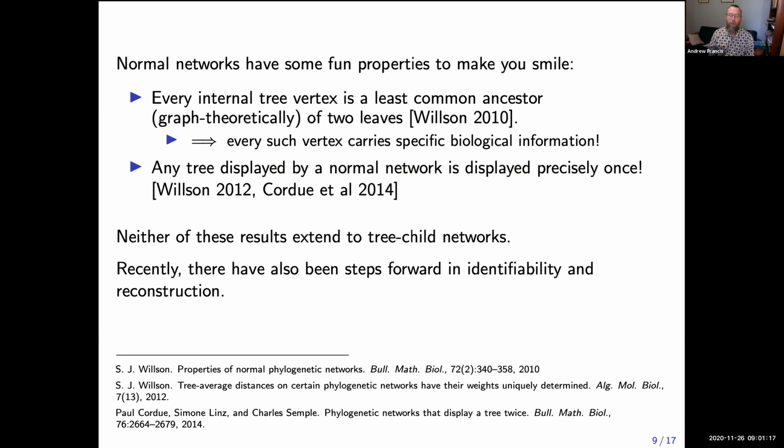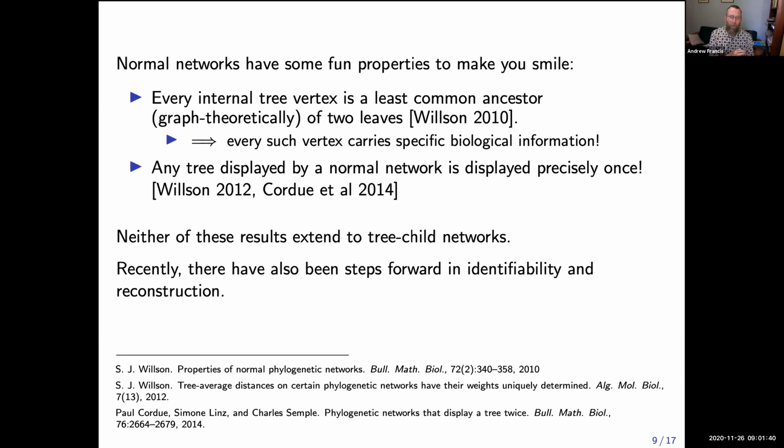And it's interesting that these nice results don't extend, even though I said before that normal networks feel like they're almost all the tree child networks, because you've got all of the tree child ones except those with shortcuts. It's that little property of the shortcuts that seems to mess you up for these results.